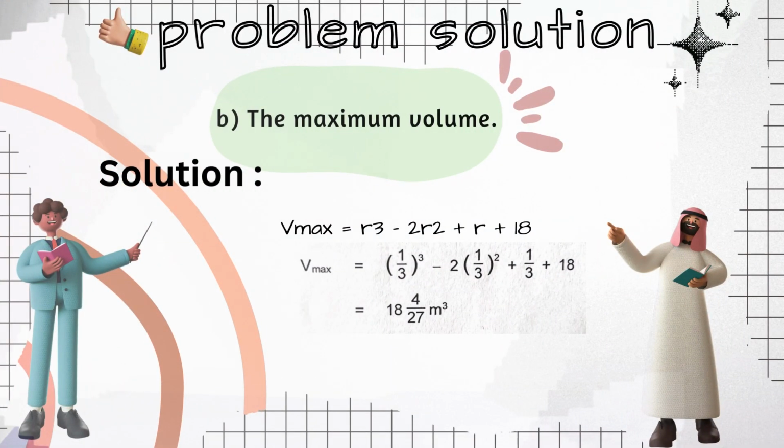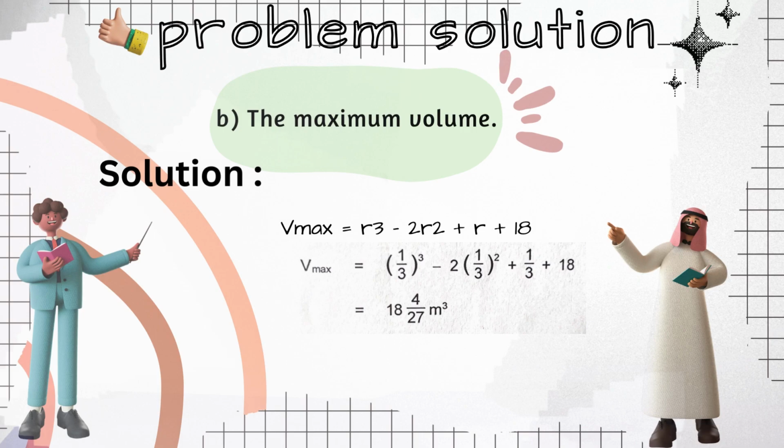So, problem solution. The next question is the maximum volume. Solution: Vmax equals the expression that we got earlier, but replace the r with the value giving the maximum volume. So that will be Vmax equals (1/3)^3 minus 2 multiplied by (1/3)^2 plus 1/3 and 18.